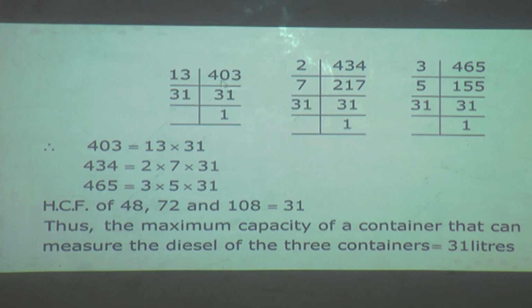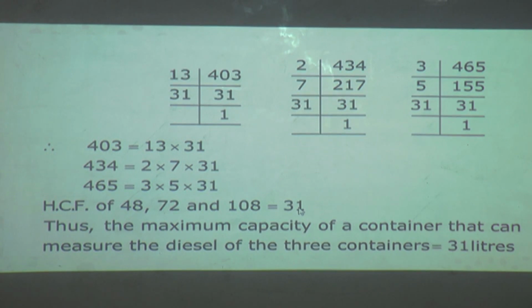So the prime factors of 403 we got 13 into 31, prime factors of 434 we got 2 into 7 into 31, and 465 we got 3 into 5 into 31. Which is common among these? We have 31 as common. So the HCF is 31.